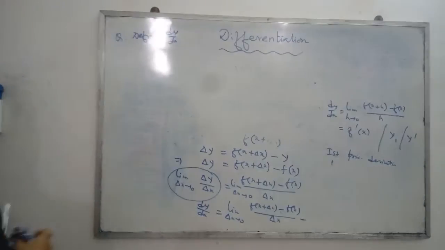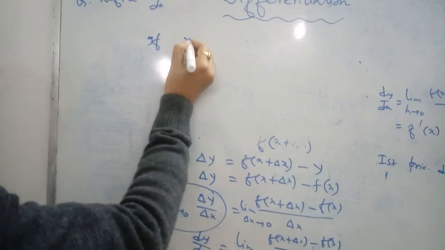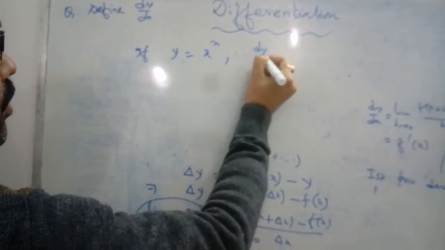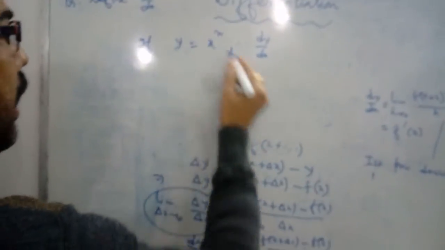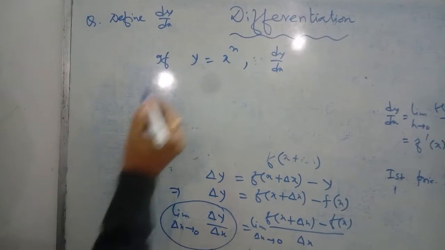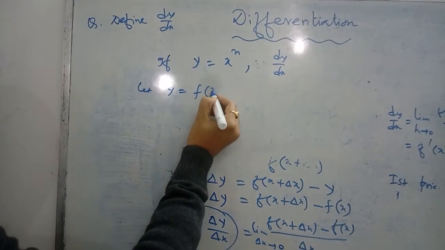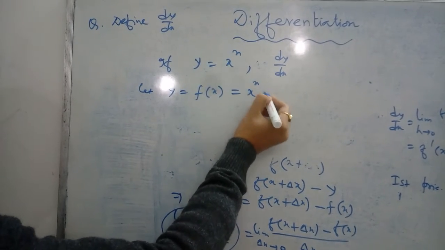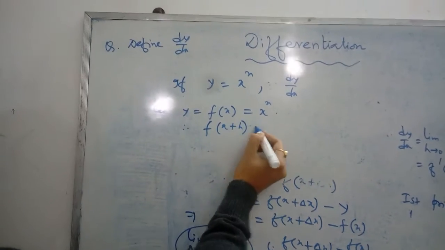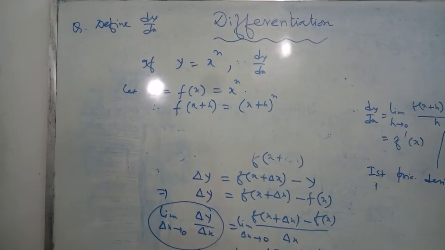So take an example. If y is equal to x to the power n, then find dy/dx, where n is a constant integer. Now let y equal f of x equal to x to the power n. Therefore, f of x plus h is equal to x plus h, whole to the power n.